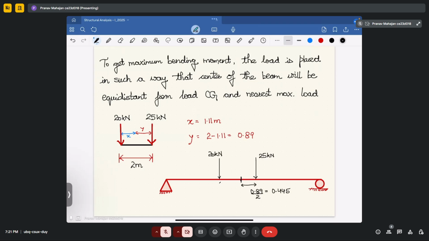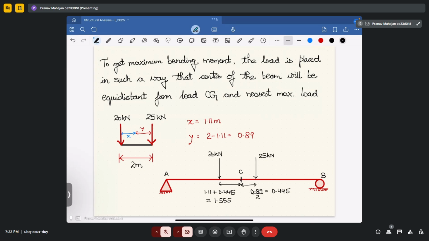And this distance will now become 0.445 plus 1.11, because half went to this side, and it will become 1.555. Fine. So this is your point A, this is your point B, and let's say your center is at point C. Okay, so this is how you have to distribute the beam.